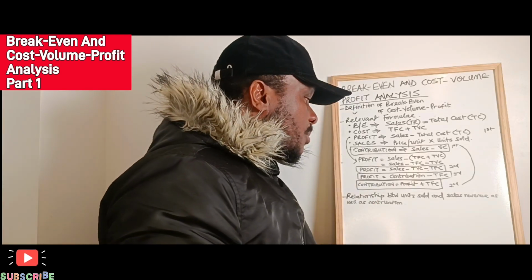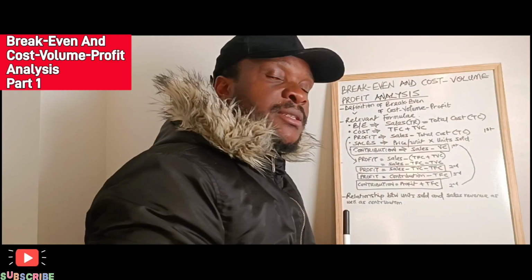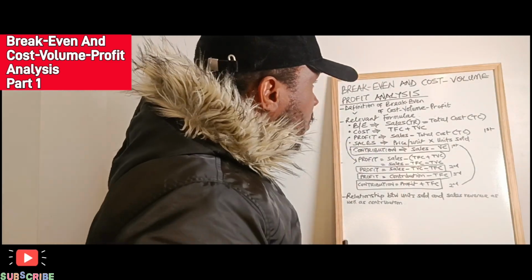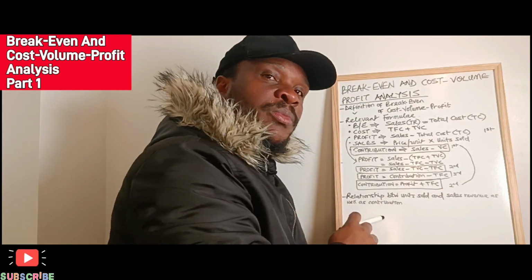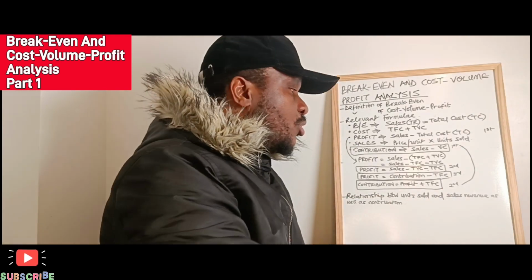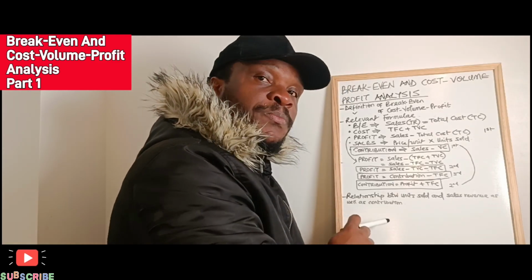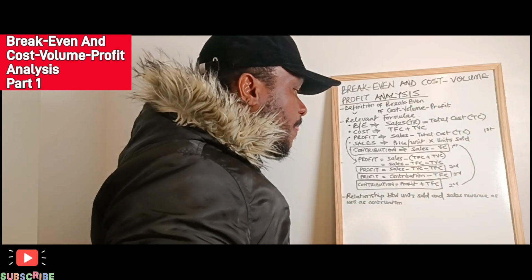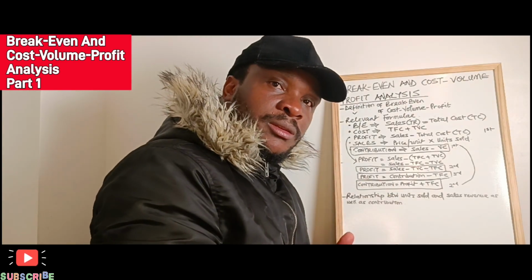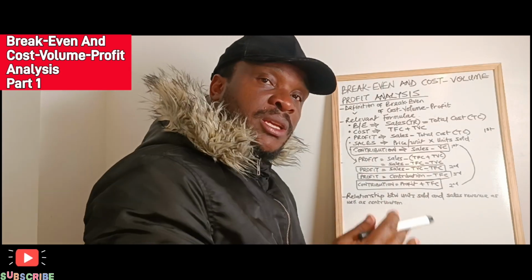Please note, as far as this topic is concerned, break-even analysis, sales revenue and contribution depend on units sold. Sales revenue and contribution depend on units sold, which implies that the more units sold, the more sales revenue and the more contribution earned.